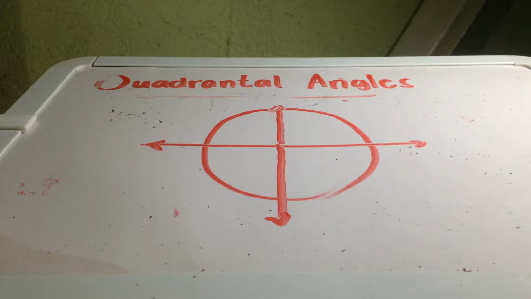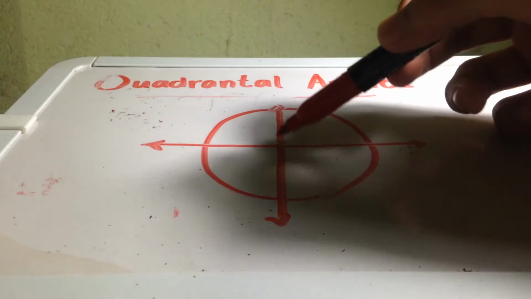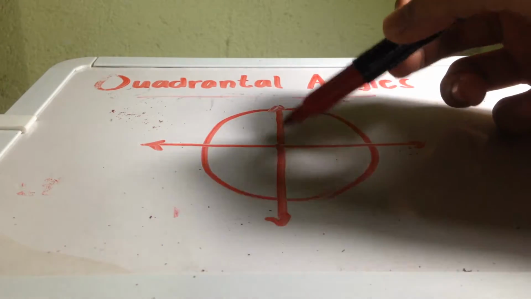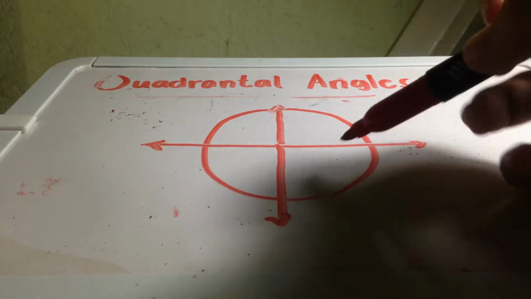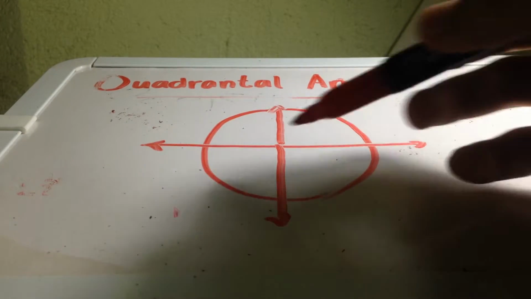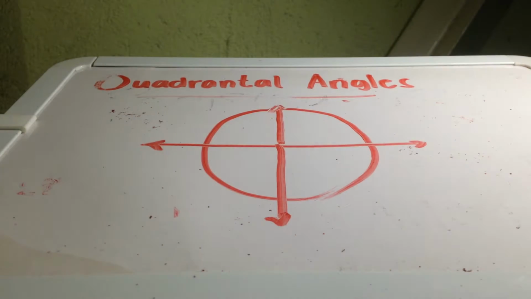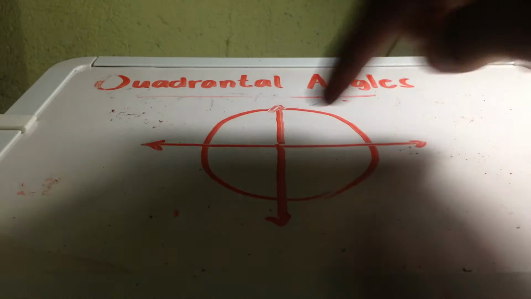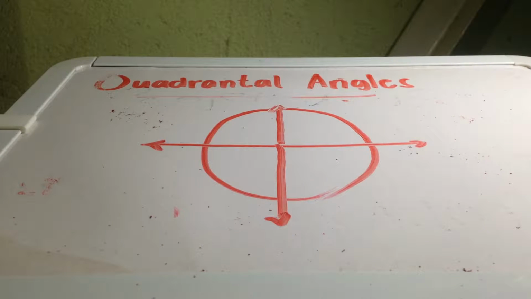So when sine is referring to the y-axis, cosine refers to the x-axis. And the value of sine and cosine depends on which quadrantal angle you're going to find the 6 trigonometric functions.